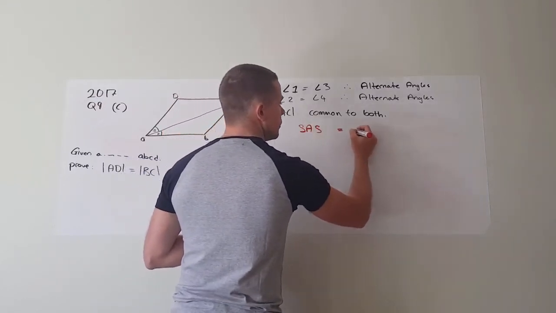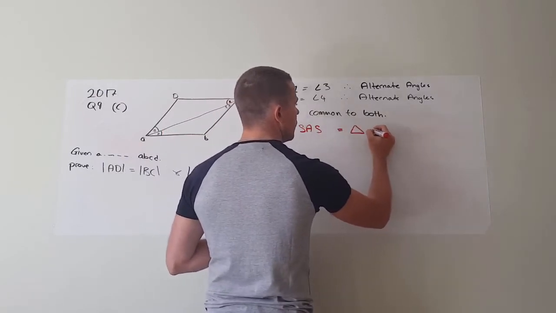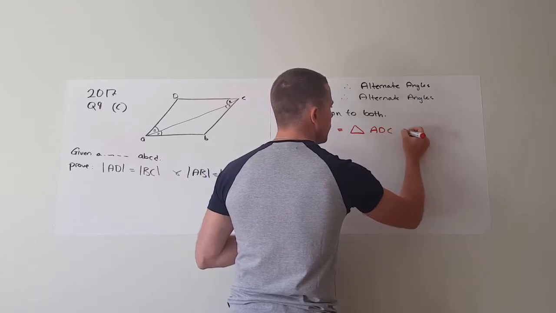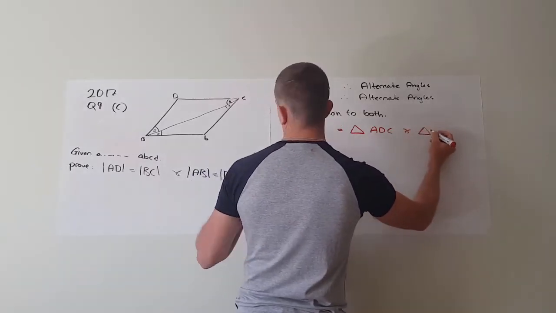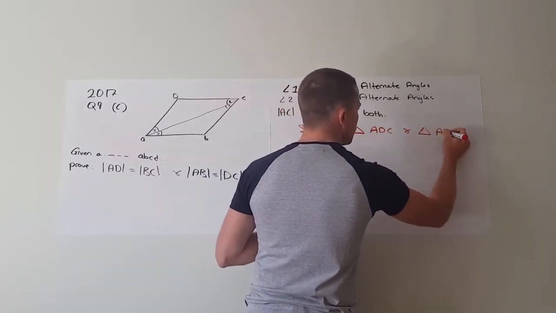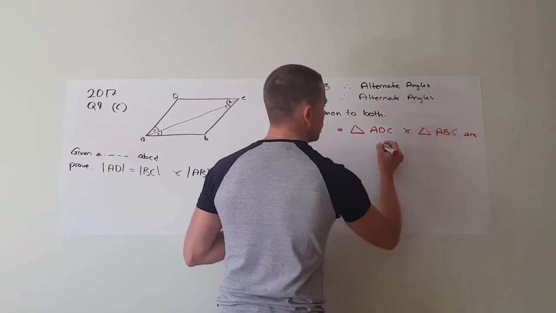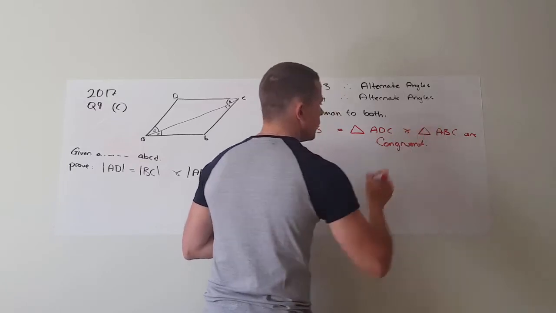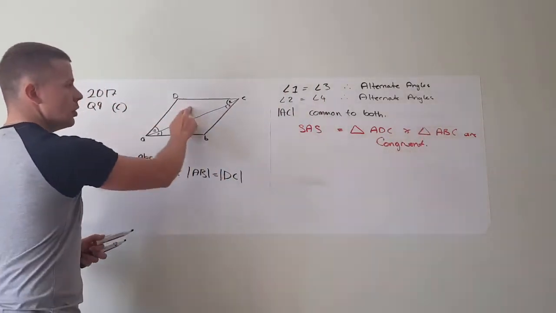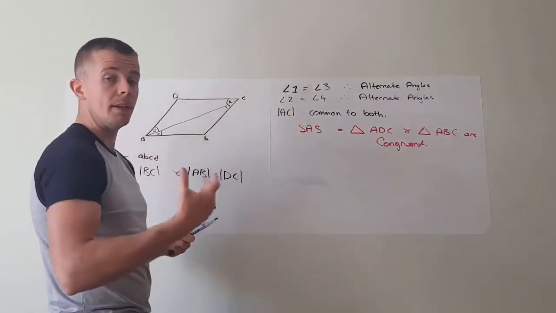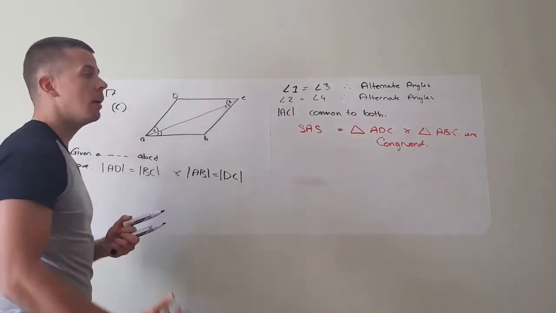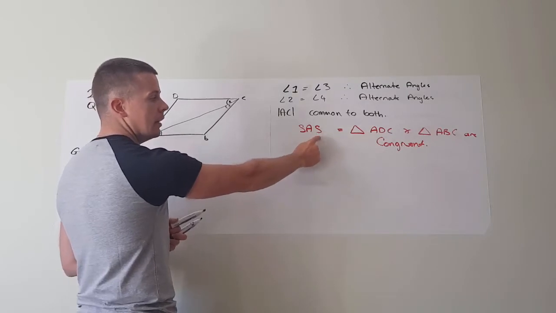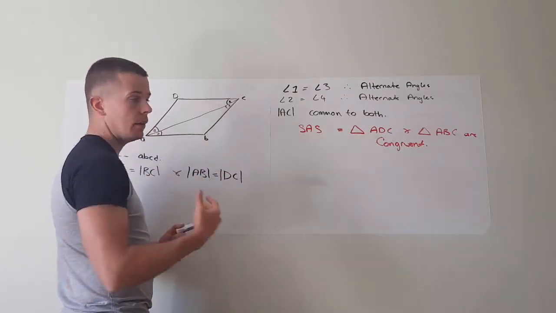So, what is that? ADC. So we have proved now that both of these two triangles are congruent, which basically means that they are equal to each other, because we have used the fact that side, angle and side are equal in both triangles.